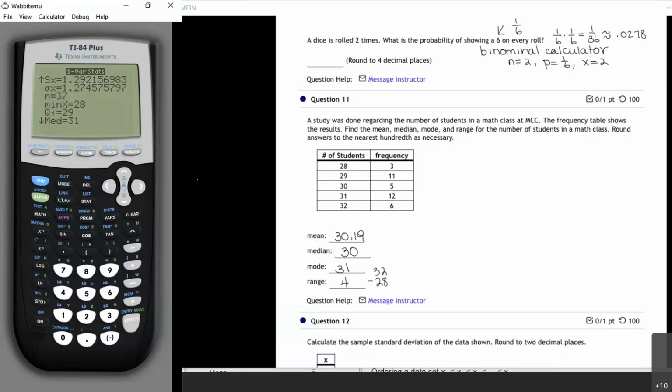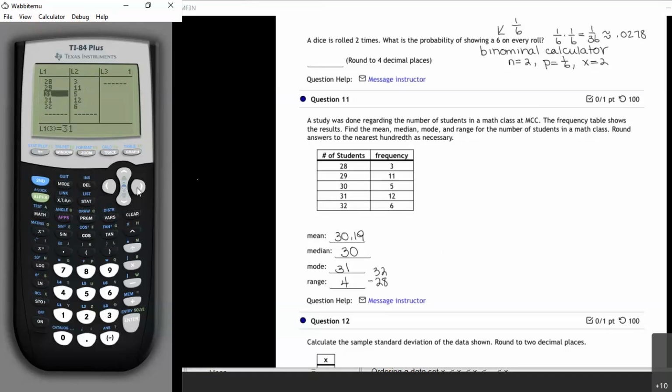Again, it's just a matter of making sure that you type things in correctly. This is saying the median's 31, but I know when I did it before, I got a slightly different answer. So let me just check my lists. 3, 11, 5, 12, 6, 28, 29. See, I typed 31 twice. That'll screw it up.